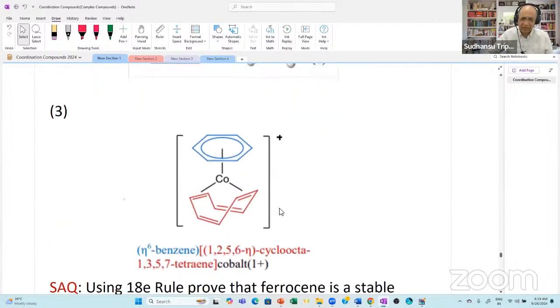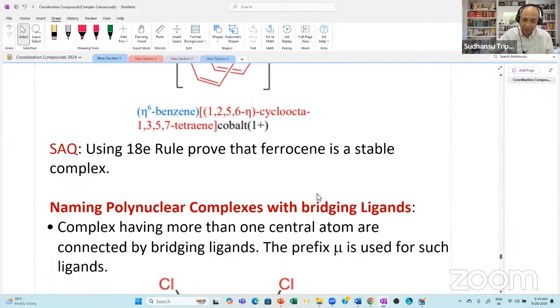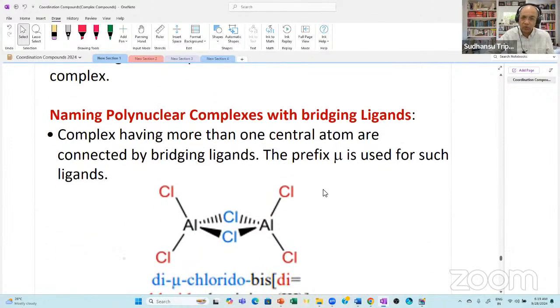We'll talk about that later. And here is cyclooctatetraene, which is, although octahaptic, but it has used only 4 carbon atoms: 1, 2, 5, 6. Therefore, the subscript 8 or 4 is not done. You have to mention which carbon atoms are being simultaneously coordinated to the central metal ion cobalt. Forget about them now. Forget about the 18 electron rule.